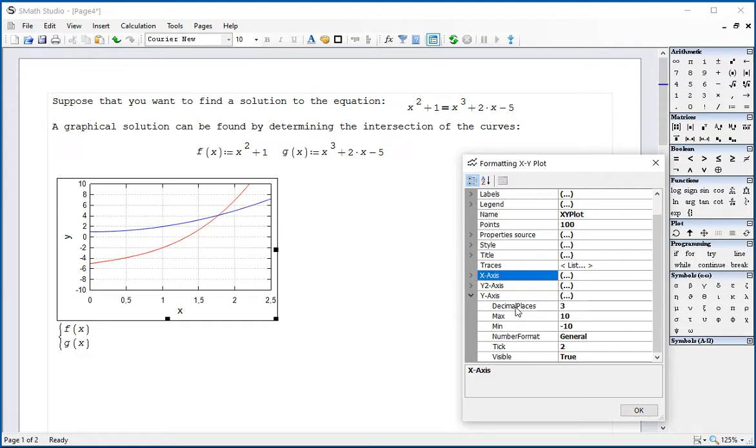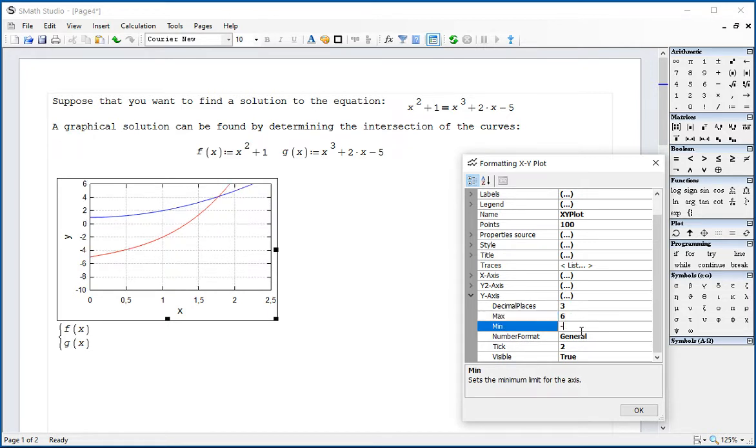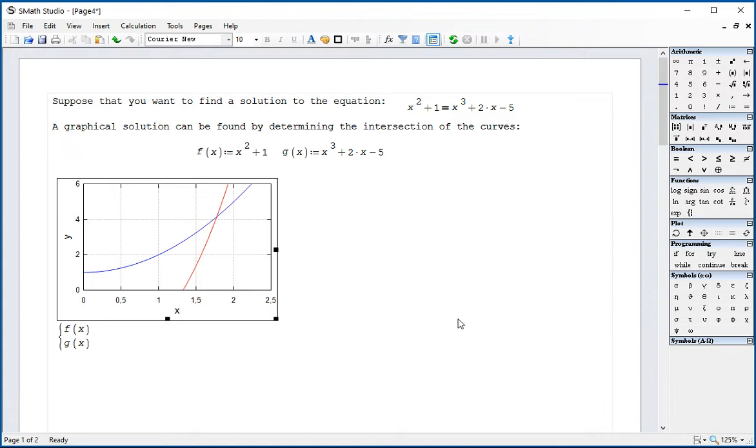And in y, we're going to go from a minimum of 0 to a maximum of 6, in increments of 2 also. So we're seeing some improvement in the solution there. It's slightly larger than 4, and it's between 1.5 and 2.